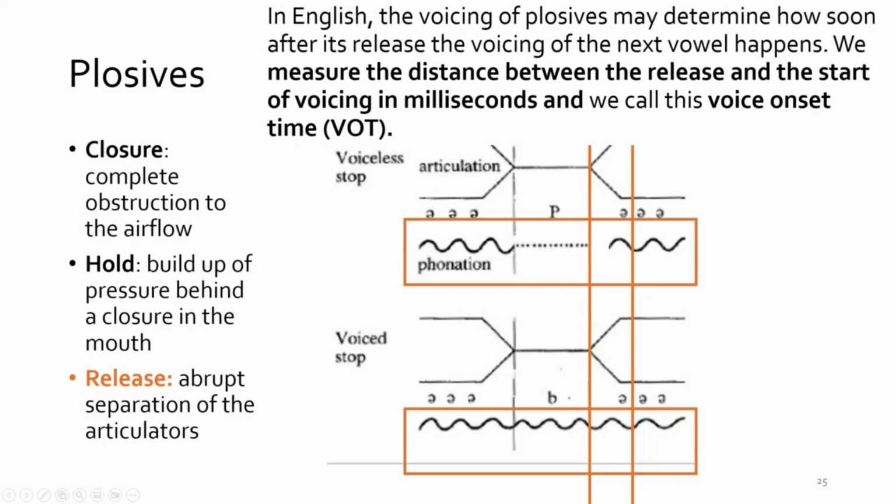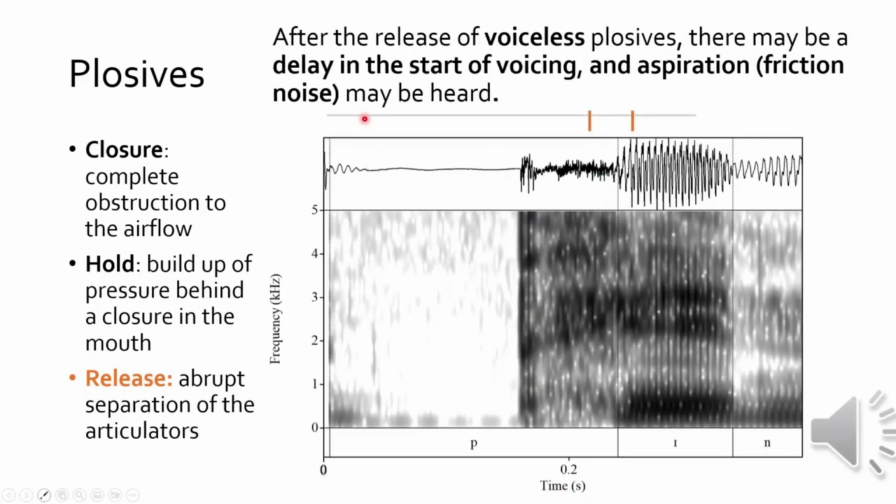So basically what I'm talking about here is the release of a plosive, yeah, and how early we can hear and see the vibration of the vocal folds voicing the following vowel. We generally measure this distance between the release and the beginning of voicing of the vowel. We call that the voice onset time, or VOT, and it's a very popular measure in phonetics.